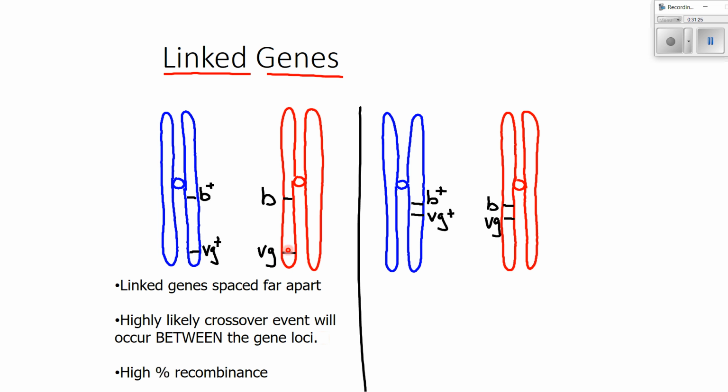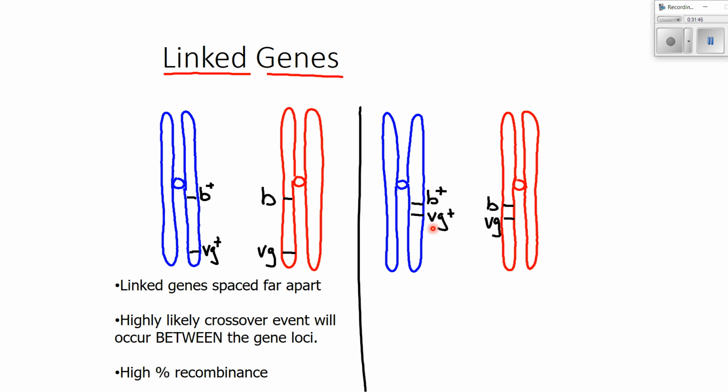So are these two loci, these two gene locations, spaced out far apart like this, or are they really close together? So I drew it both ways.